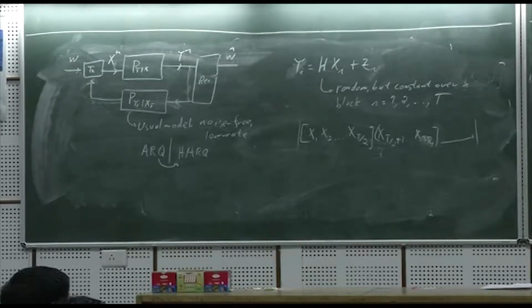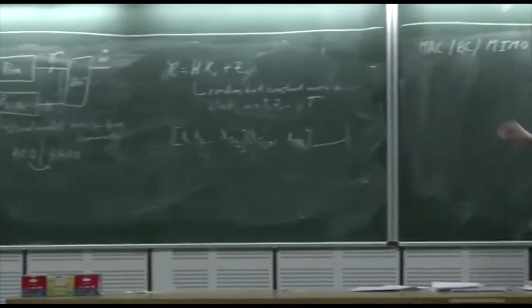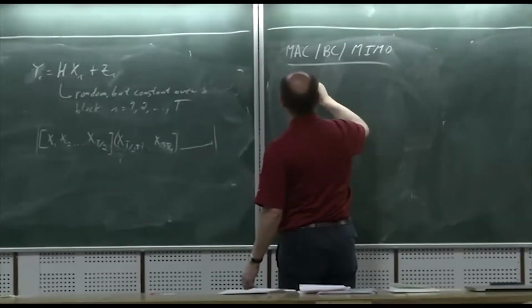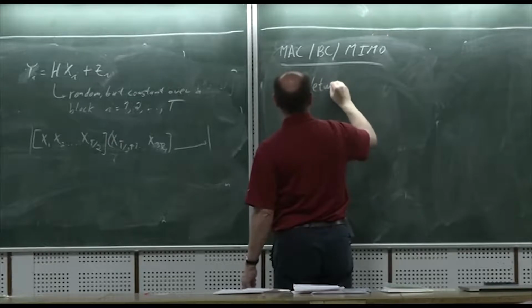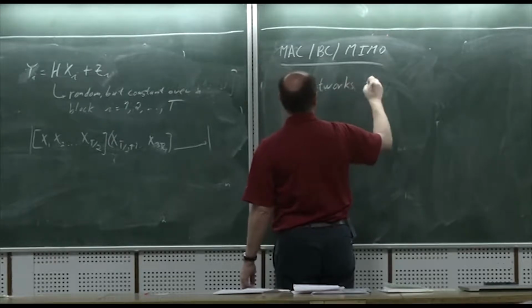There's not much, but I can tell you my take on this. There's a model called discrete memoryless networks with in-block memory. I kind of like this, but it's never really caught on.